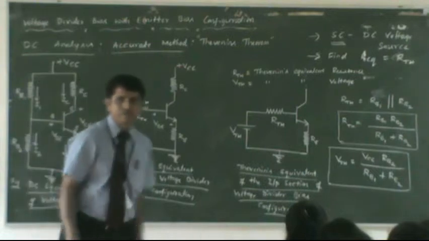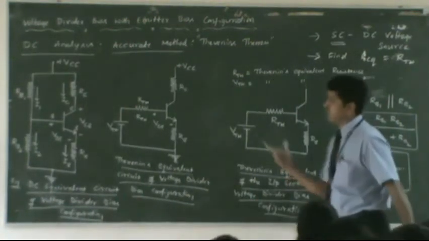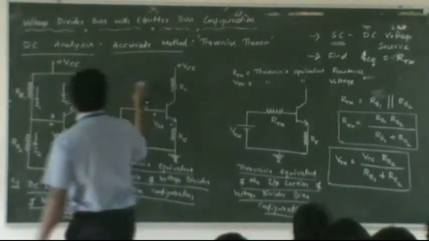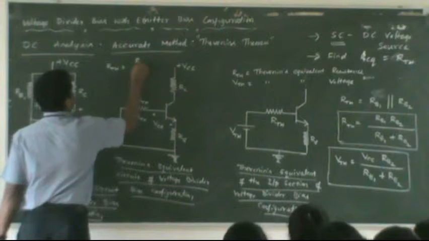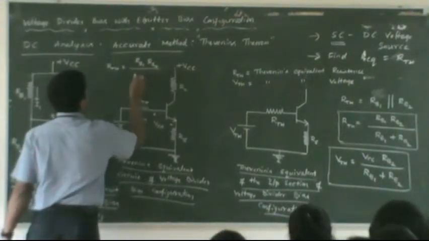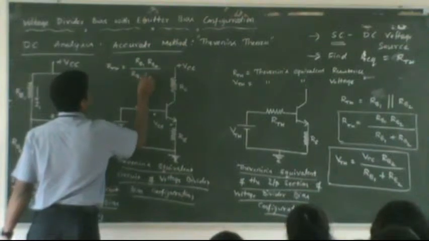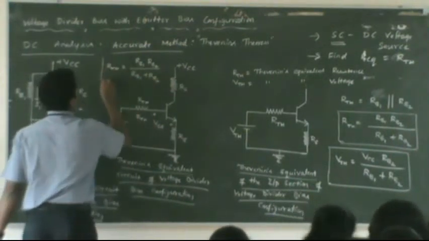Okay. What I have done here is, in this case I have not written the complete circuit, here I have written the complete circuit. Here, our RThevenin is RB1 times RB2 divided by RB1 plus RB2.